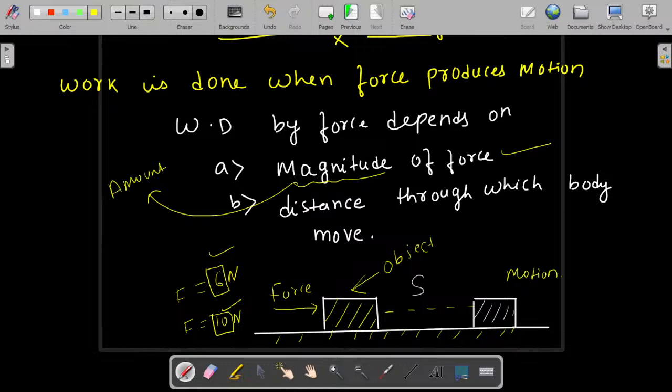Which is more, 6 or 10? 10 is more. So we can say the magnitude of force is more in case of second, that is F2 is greater than F1. You also make a note of this. Note down everything.